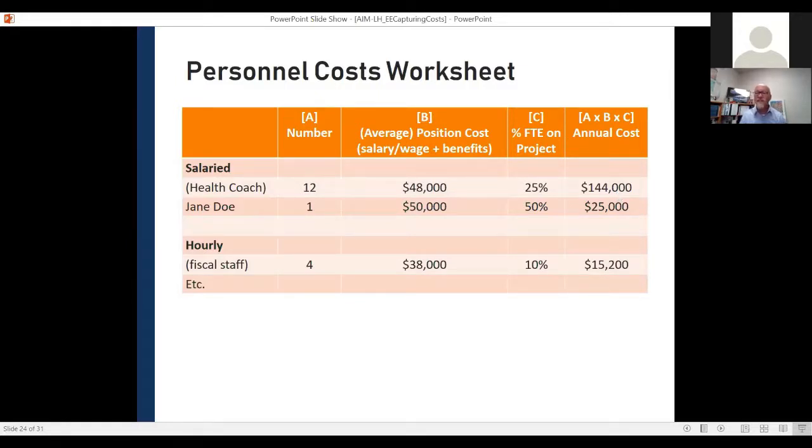Another way to do it is to actually itemize by individual on your team that's implementing the project and come up with their exact position cost, again, their FTE on the project to come up with the annual cost.